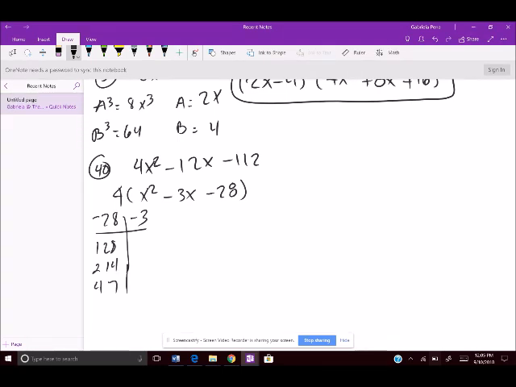It's a negative 28, so this keeps the sign from there. So that means all those numbers should be what? Negative. Who's going to give you the negative 3? So 4 parentheses, x plus 4, and x minus 7. And that's your answer.